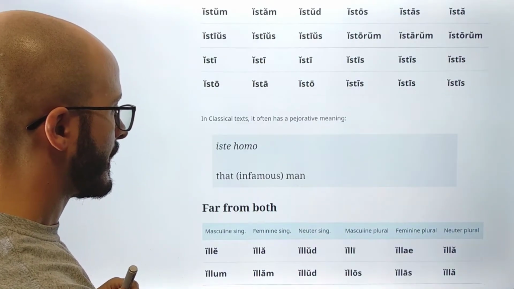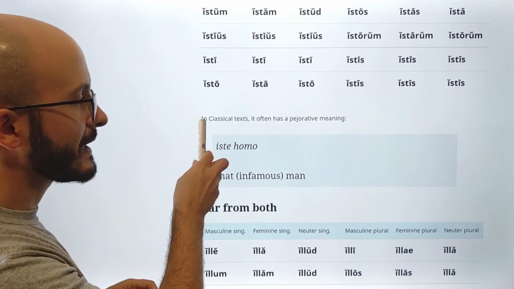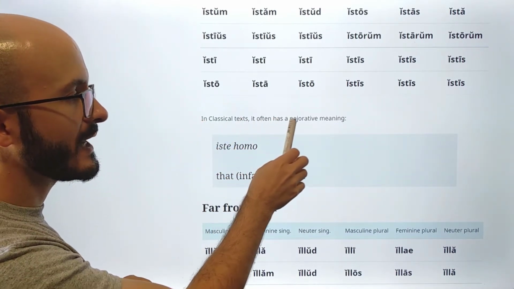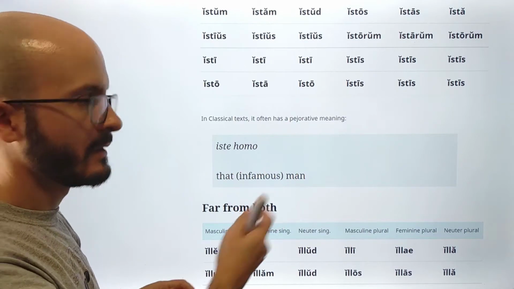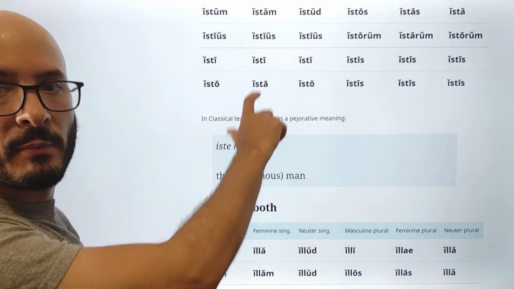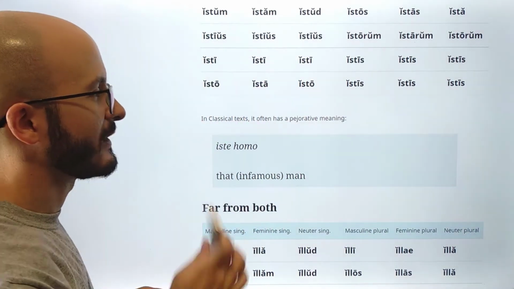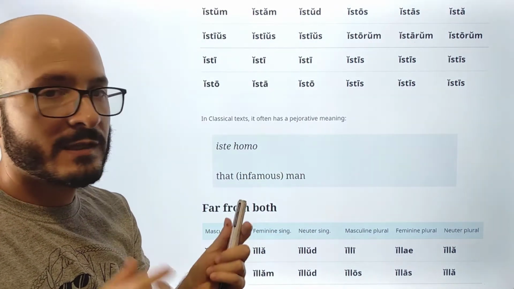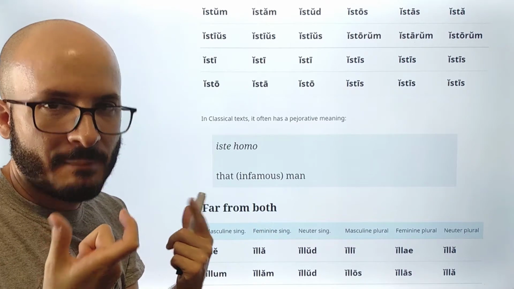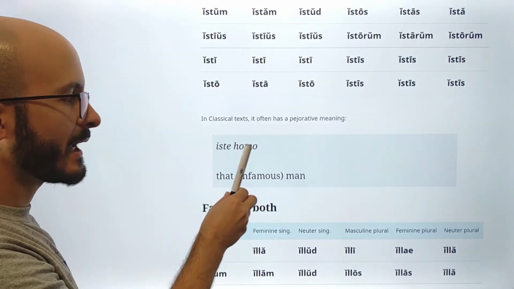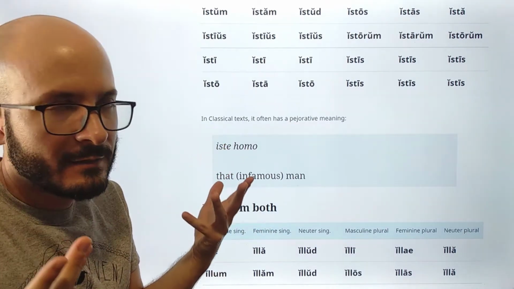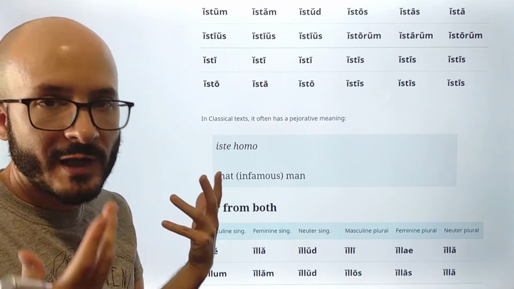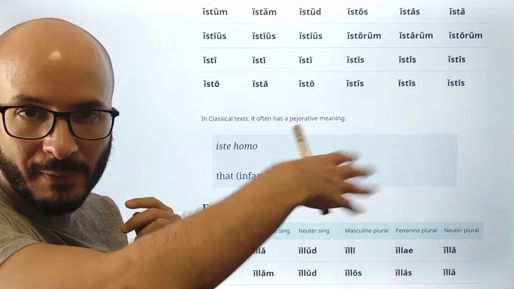Then, a small note. In classical texts, it often has a pejorative meaning. And by the way, notice pejorative, pejor, from comparatives. So a pejorative, if you don't know what pejorative means, is something which is bad about someone, okay? So iste homo, literally, without any connotation, would be just that man.